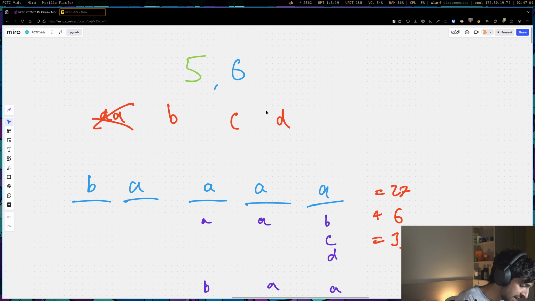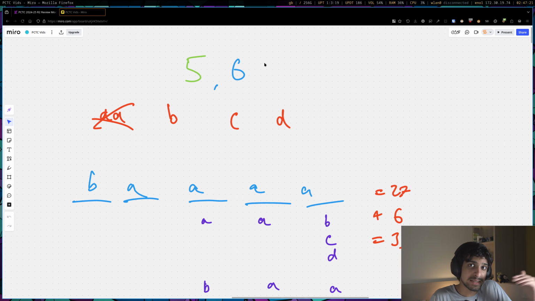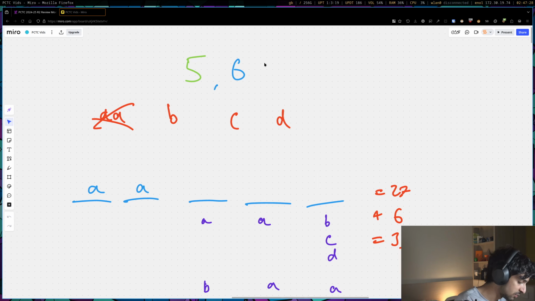We know our answer starts with AA because say we started with B, right? As we just said, this is the 34th number in the list. And obviously our input was 6 for the order number that we want. And 6 is below 34. 6 comes before the 34th number. So therefore we don't start with a B. We have to start with an AA, right?